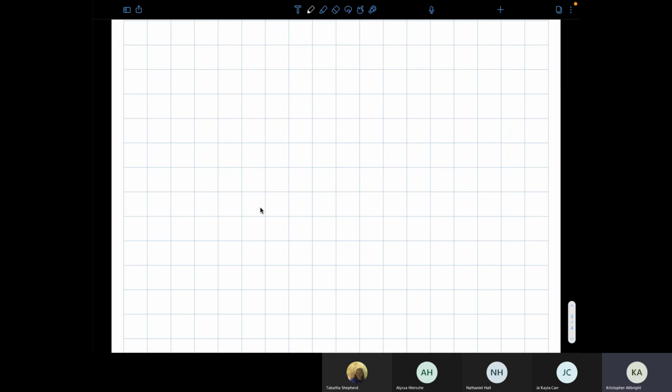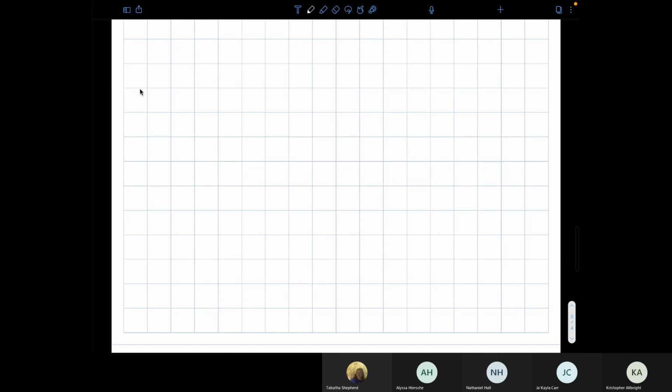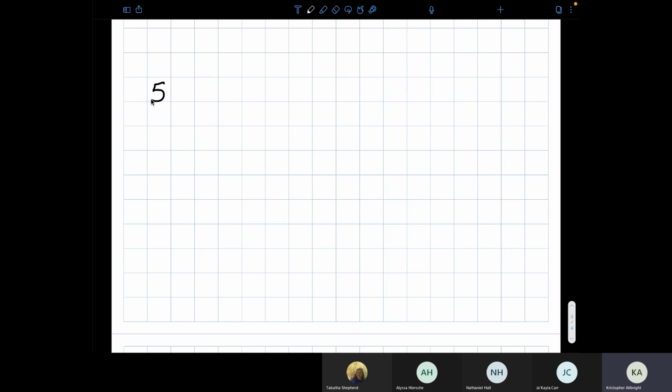So if we have 5x plus 3 is less than negative 32, or negative 4x plus 7 is less than 29.